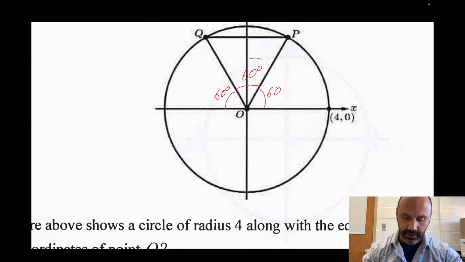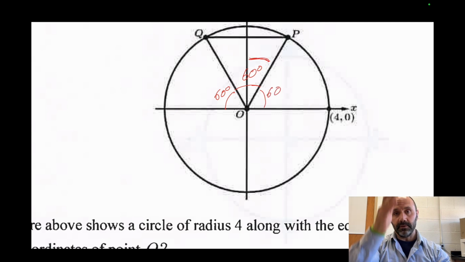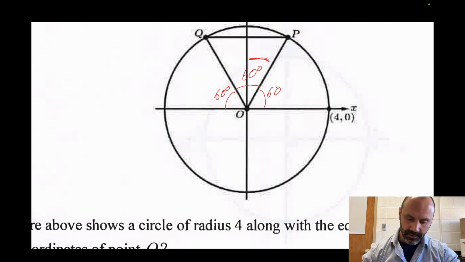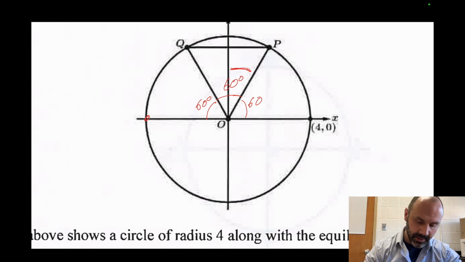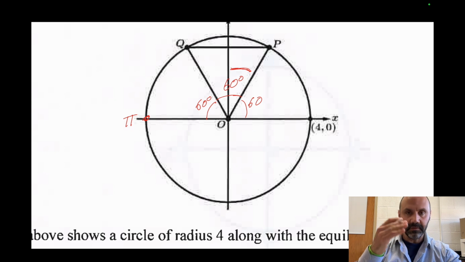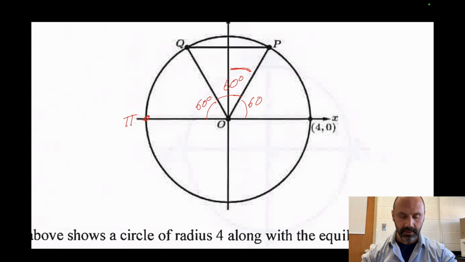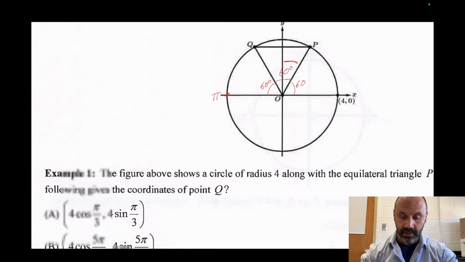If this is 60, this is 30 degrees on either side of the vertical axis. What is 60 degrees? This is pi over 3. If you think of this as pi, we've divided pi evenly into 3 spots, and it has a radius of 4.